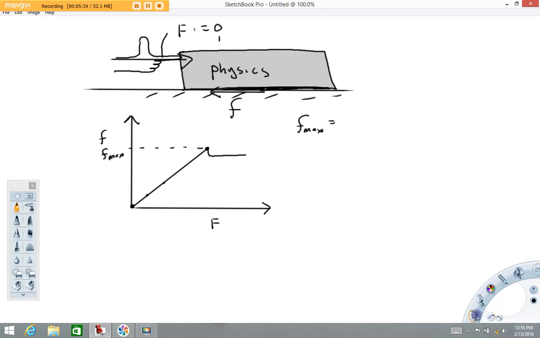Larger normal, more friction. So the maximum frictional force is equal to this thing called the coefficient of friction times the normal force. Frictional coefficients come in two types. You have static and kinetic. You use the static coefficient of friction when you're trying to find the maximum possible frictional force.